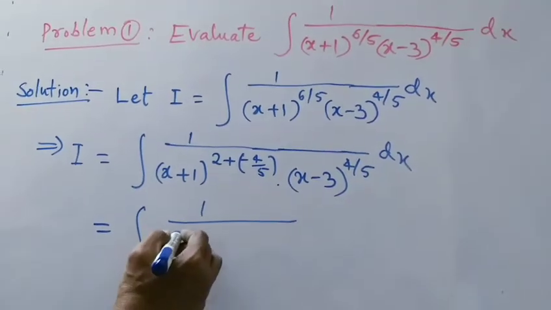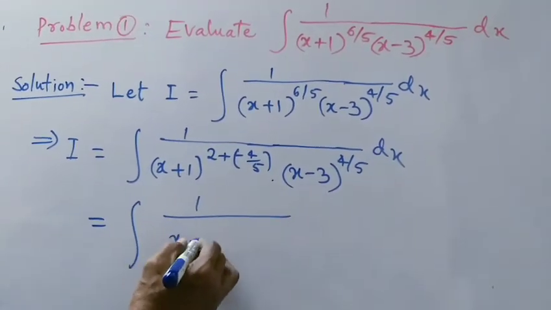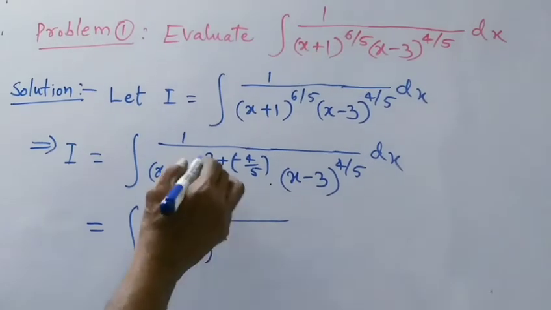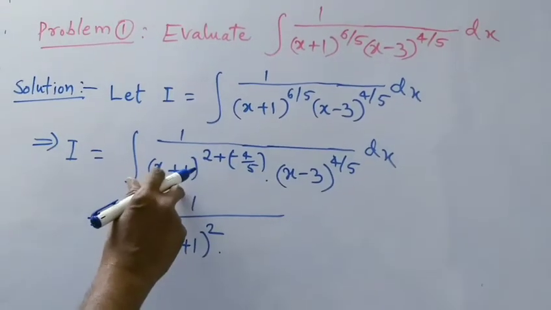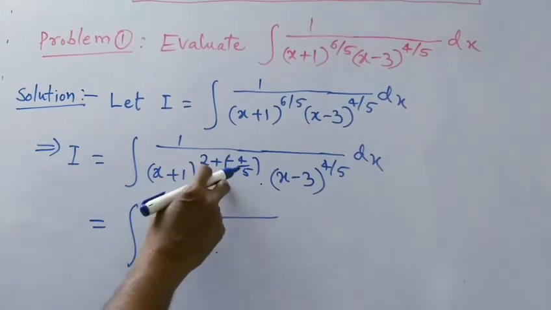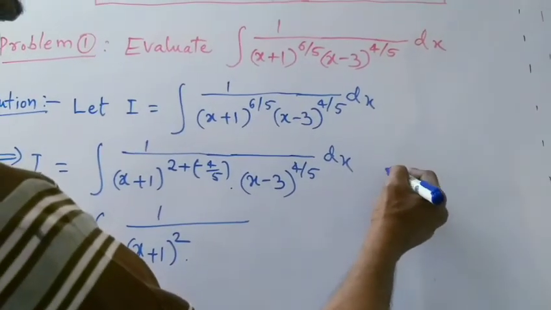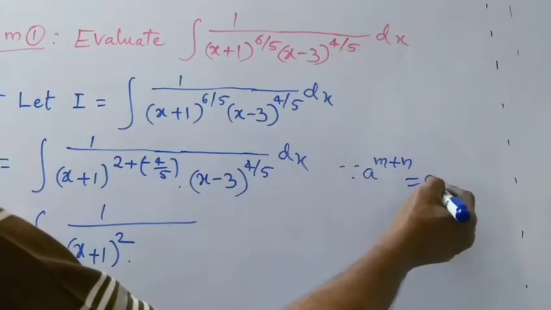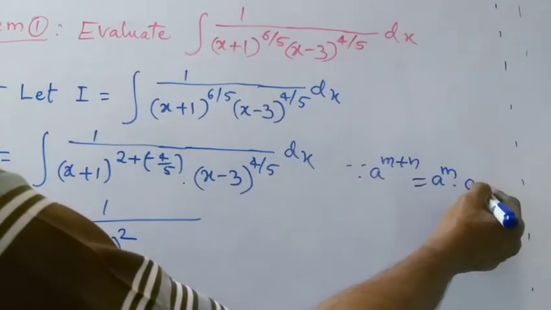Here x plus 1 whole square, this one, uses a to the power of m plus n, since a to the power of m plus n is equal to a to the power of m into a to the power of n.